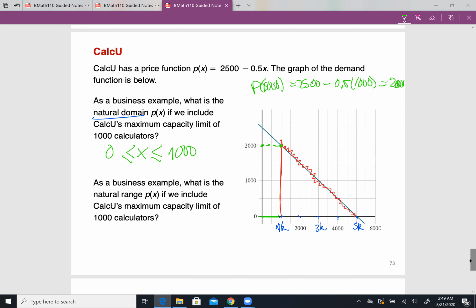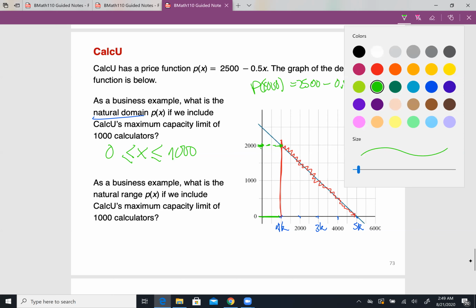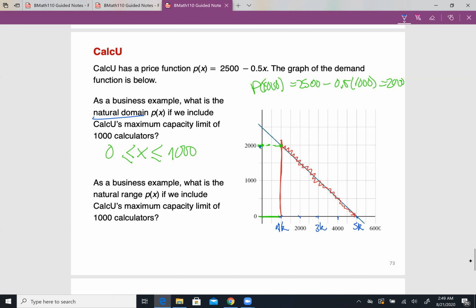Okay, 2,000. All right. So that means it's greater than 2,000, and I'll use another color, until here is 2,500, according to the fixed cost here.